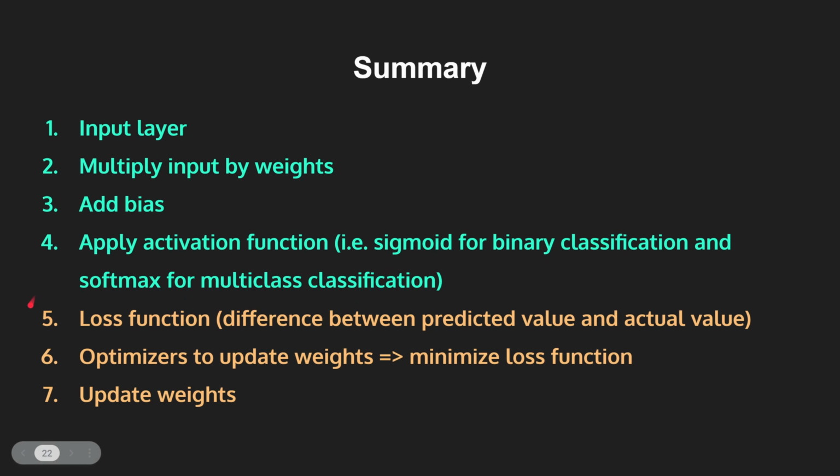And then during our back propagation, we use something called the loss function, right? Which is the difference between the predicted value and the actual value. And then we use optimizers to update our weights, which we try to minimize the loss function by updating our weights.